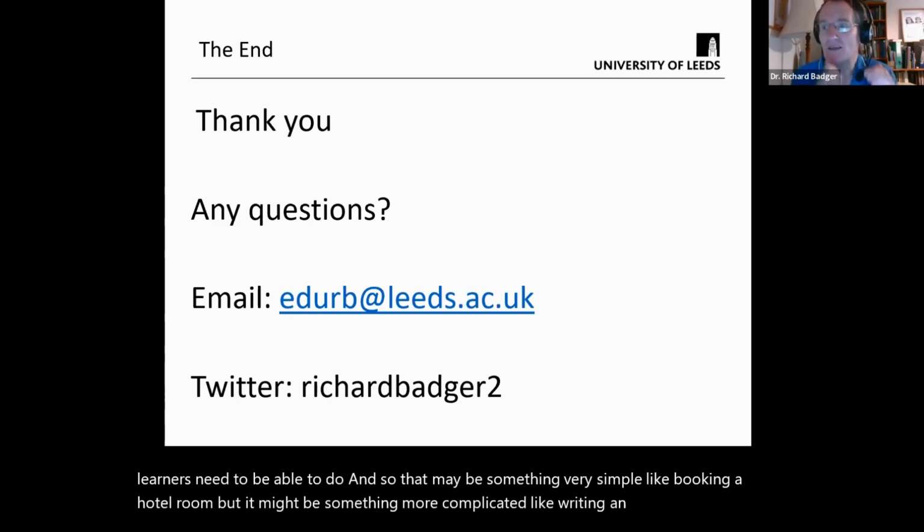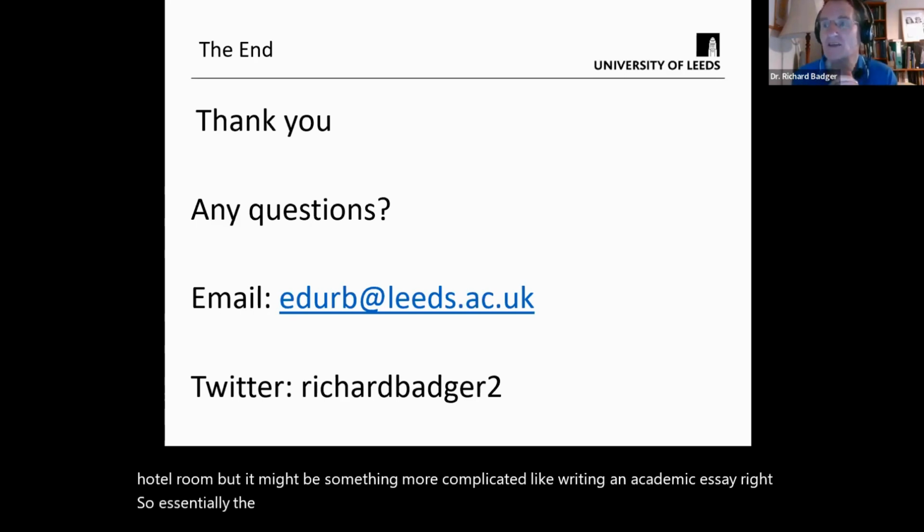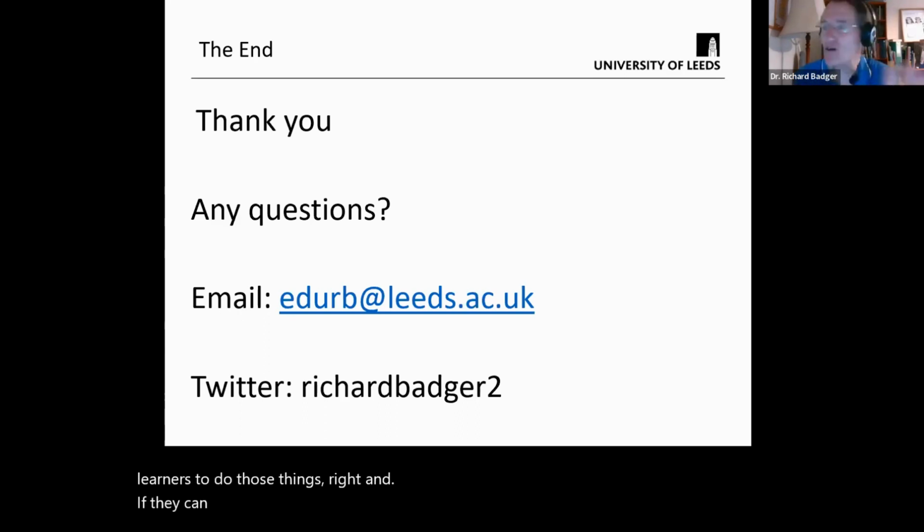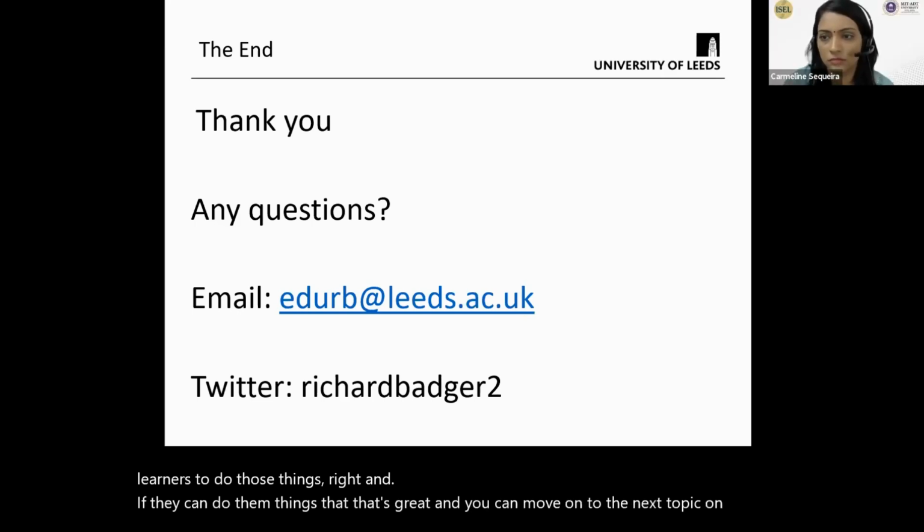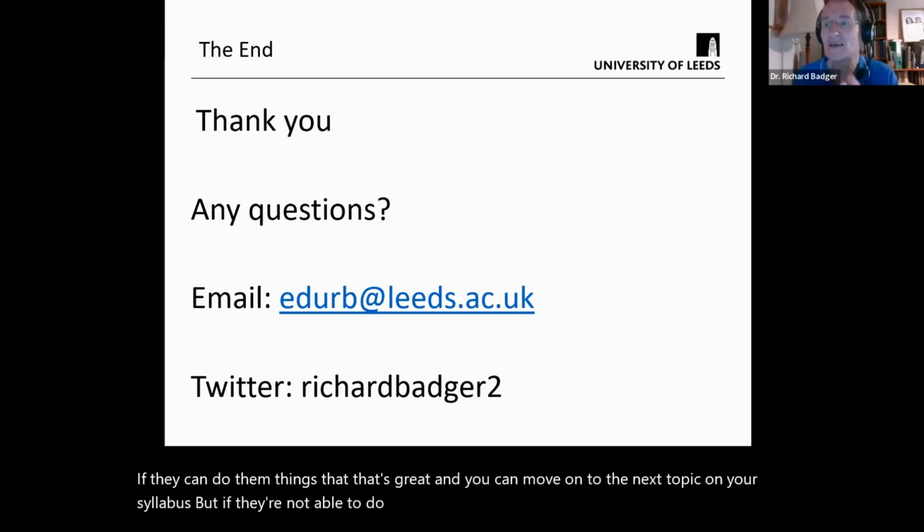When you start, you get the learners to do those things. If they can do them, that's great, and you can move on to the next topic on your syllabus. But if they're not able to, you ask in what ways you can help them. That's the overall model.